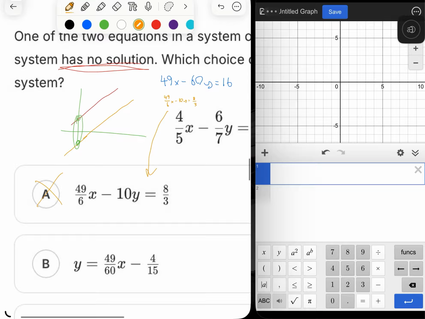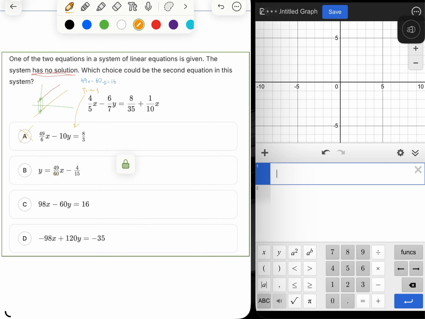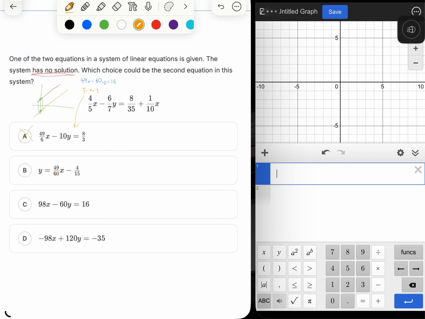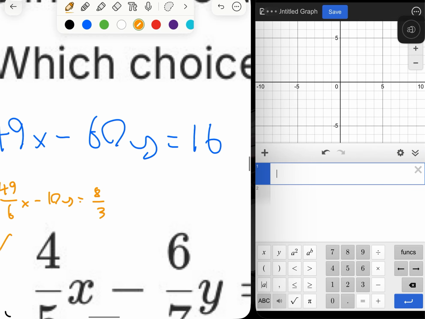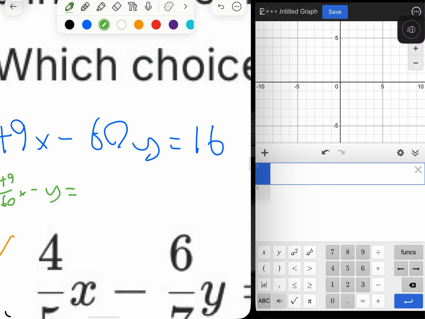Let's look at B. In B, you're dividing by 60, so let's divide the entire original equation by 60. That's going to become 49 over 60x minus y equals 16 divided by 60, which is 4 over 15.